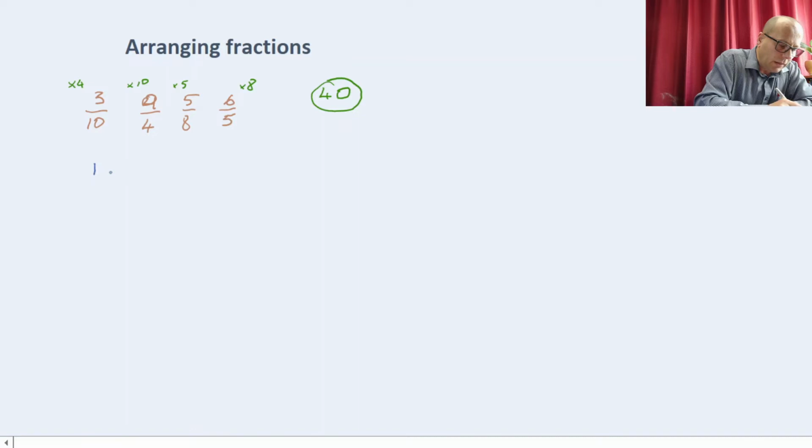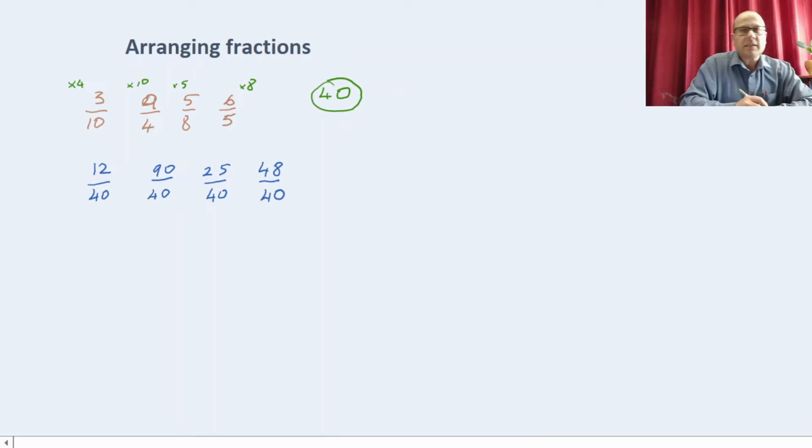Then I have 12 over 40, 90 over 40, 25 over 40, 48 over 40. It's very simple now to find out which one is the largest one.